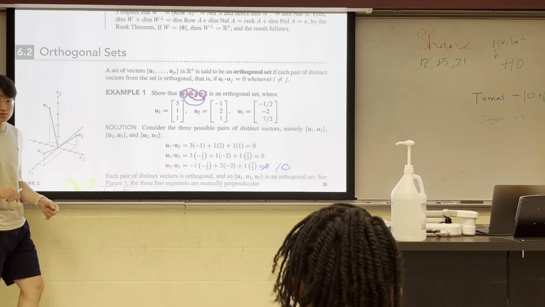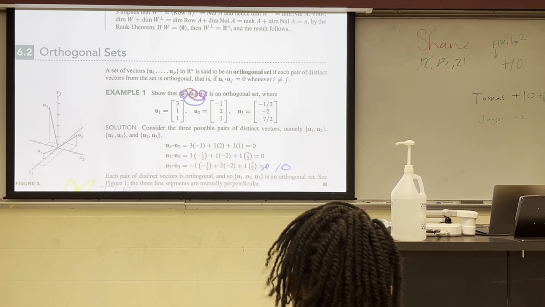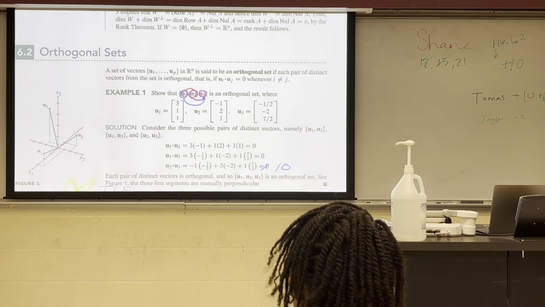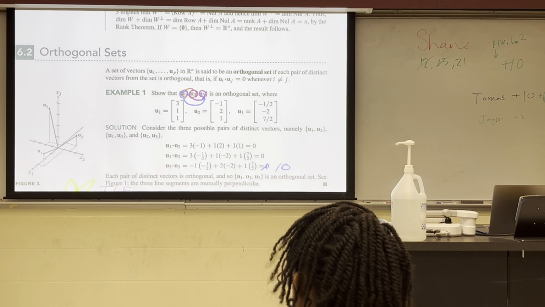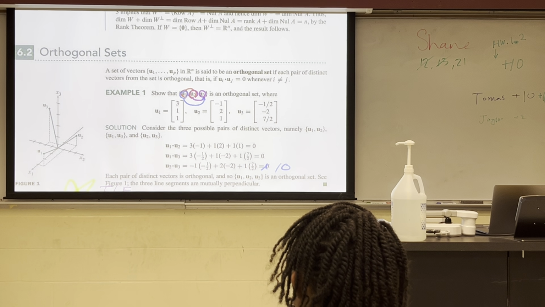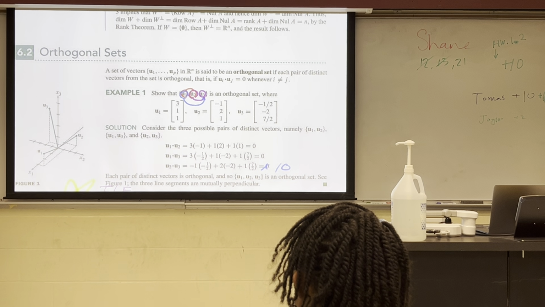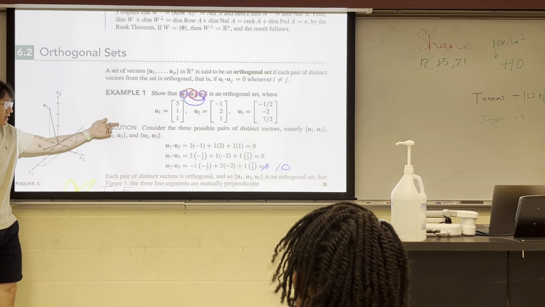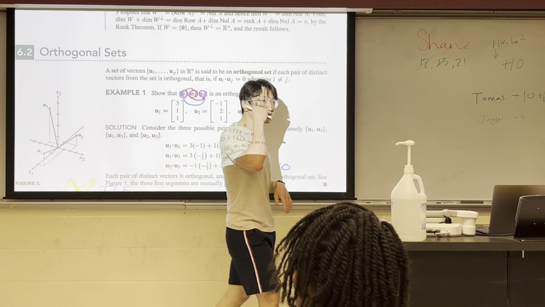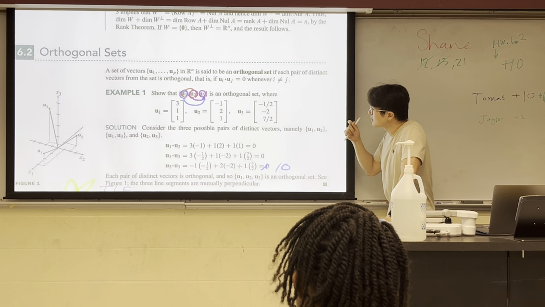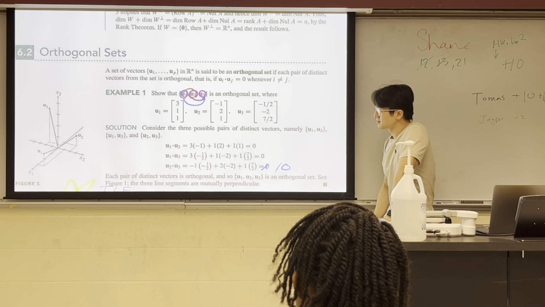But why is this important in terms of Gram-Schmidt or projection? Computer can do it, ChatGPT can do it, but why is it important? Why are human beings, you guys, important? Because you have to know how to interpret this. Why is finding an orthogonal set important?